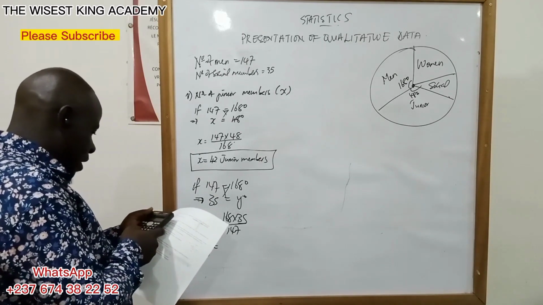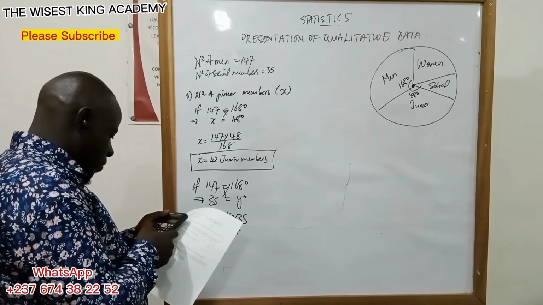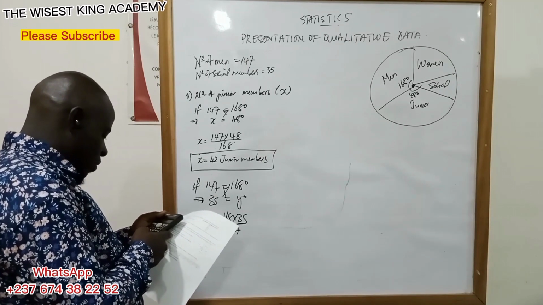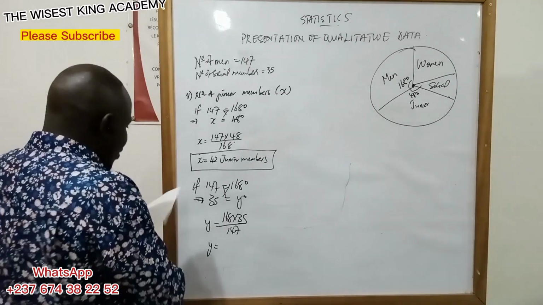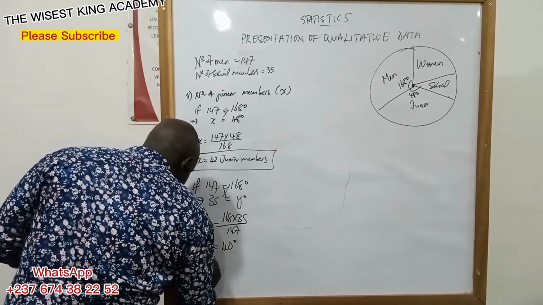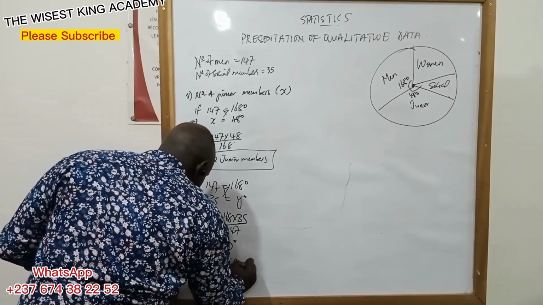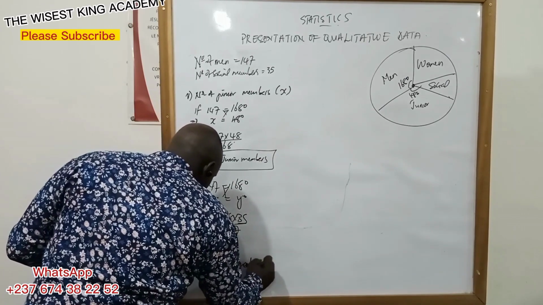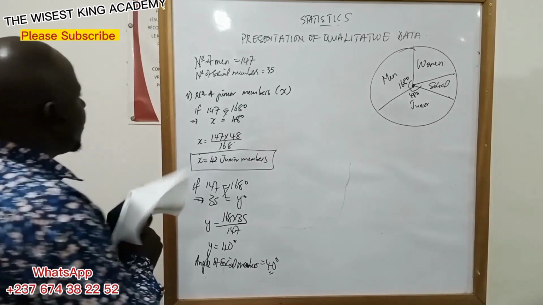So that's going to be 40 degrees. So the angle of social members will be equal to 40 degrees.